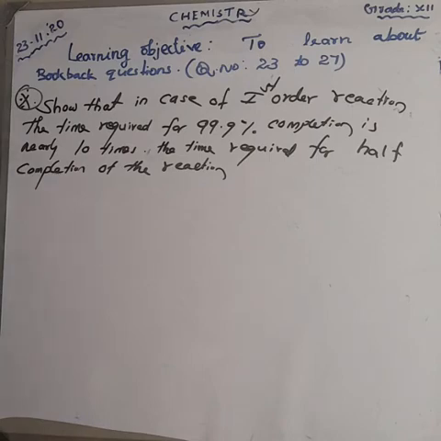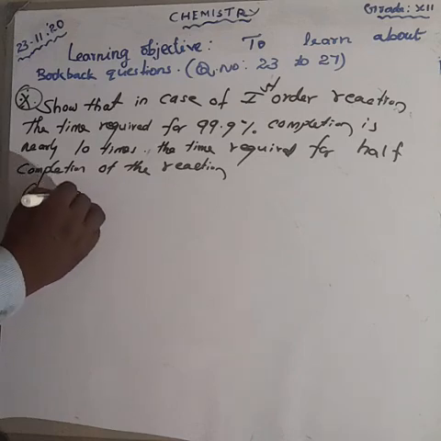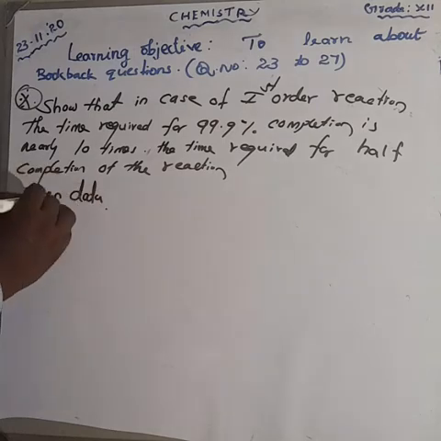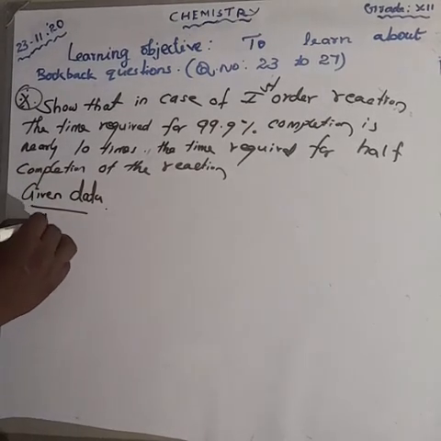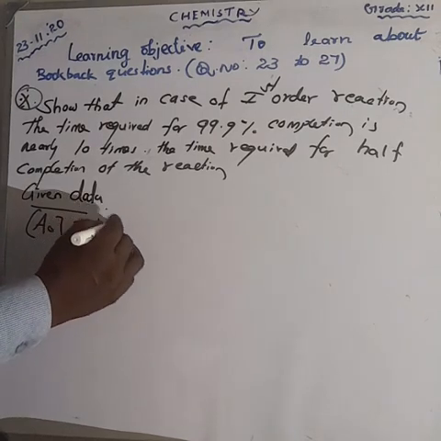So what are the data given? A naught is equal to 100.